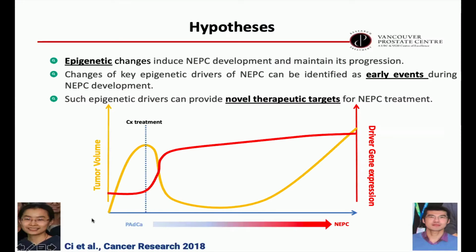That actually led to our new hypothesis. The new hypothesis suggests we focus on epigenetic alteration during this process. We're also trying to focus on some early drivers, meaning not something that only shows up in the terminal NEPC, but shows up earlier and is consistently upregulated.